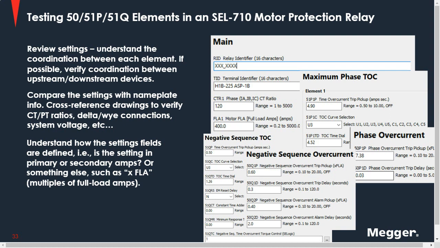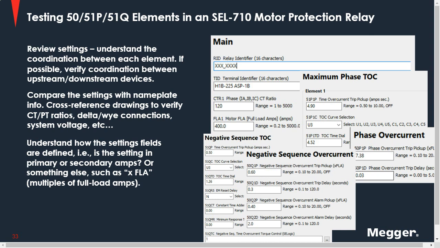I'm just going to take a look over here. If we look at the maximum phase time overcurrent here, we have 4.9, and this is amps secondary. This is what we typically expect. However, if we look over at some of these others, a phase overcurrent, and this right here is for a SEL-710, we see our 50P1P phase overcurrent trip pickup at 7.38.